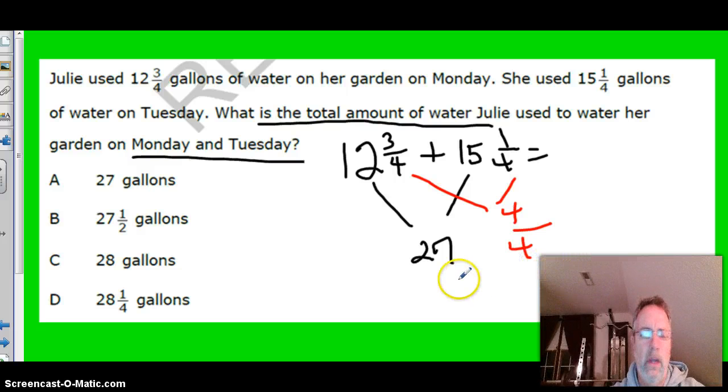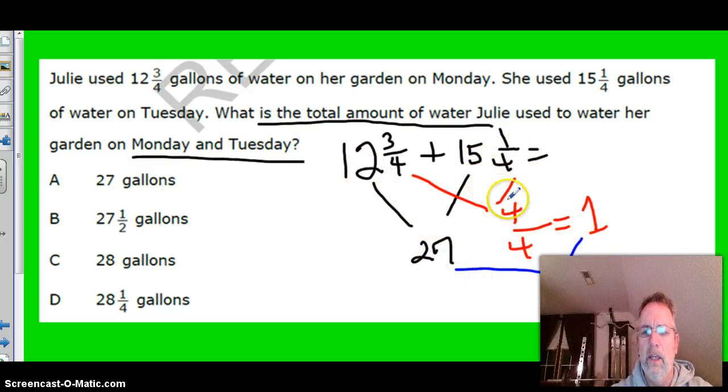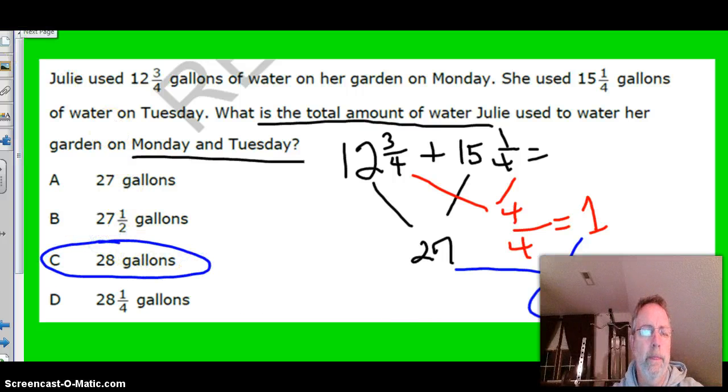Okay, so I don't see 27 and 4/4. However, I know that 4/4 is equal to another whole. So therefore, if we combine our 27 wholes and our 1 whole from our fractional amount, we would end up with an even 28 gallons of water. Okay.